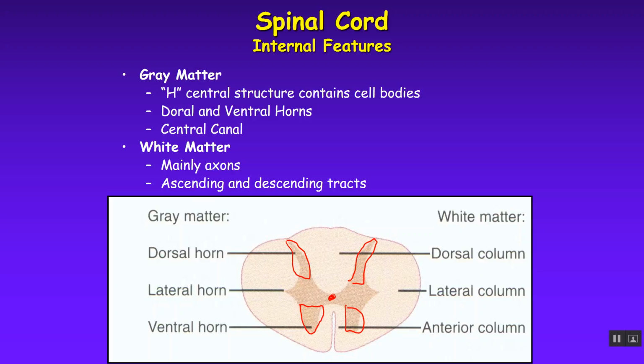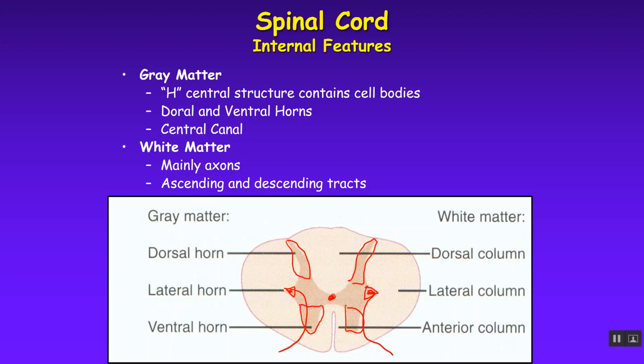In the thoracic spine, there's also what's called a lateral horn. You only have that in the thoraco and upper lumbar spine. That's actually where some cell bodies for your sympathetic nerves are located. Okay, you don't have that in the cervical spine.